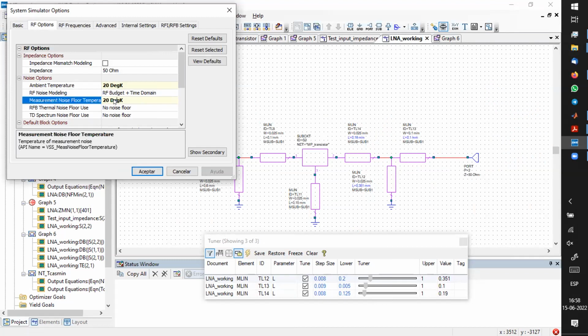No, we cannot cheat physics. The cryocooler goes only to 20 Kelvin. Measurement noise floor temperature. I don't know what is that one. Maybe it's the minimum that you get.